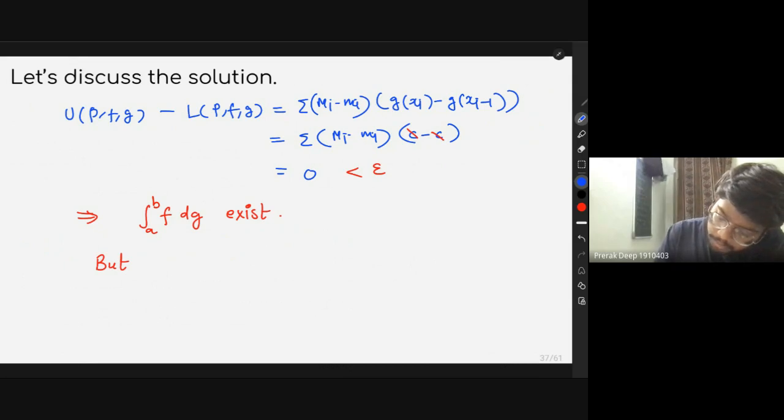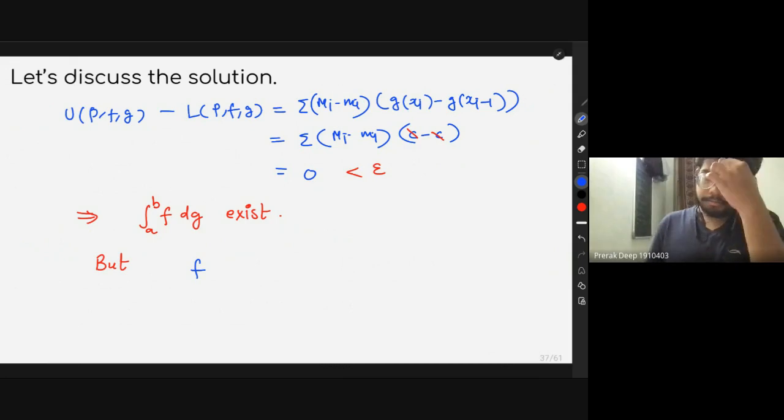But this f, which is 1 over x, is not bounded.